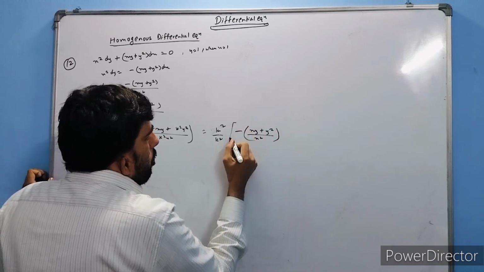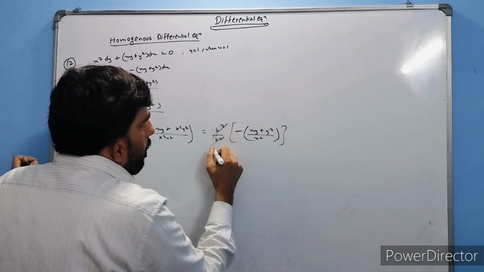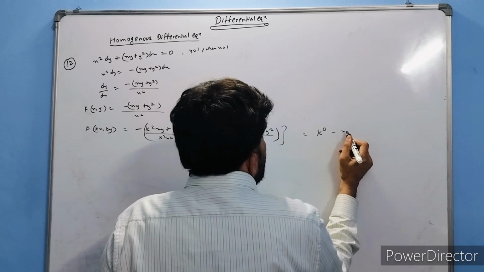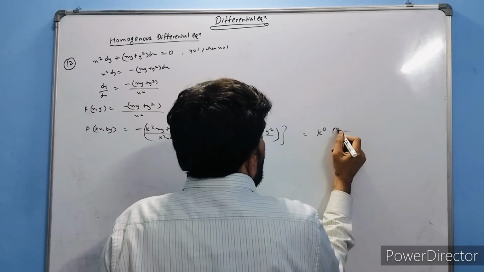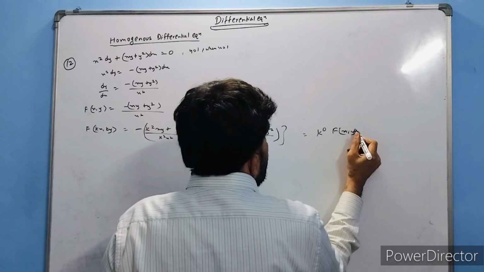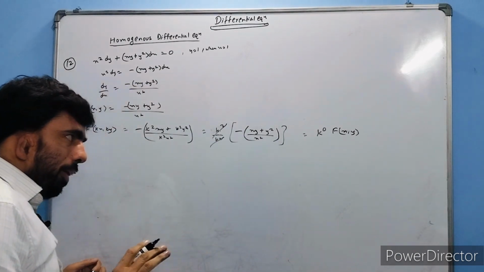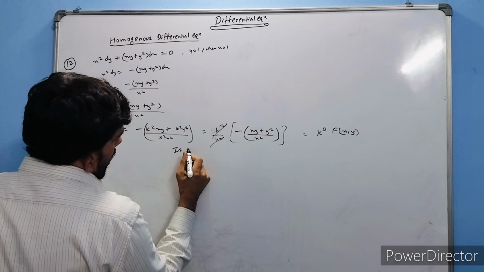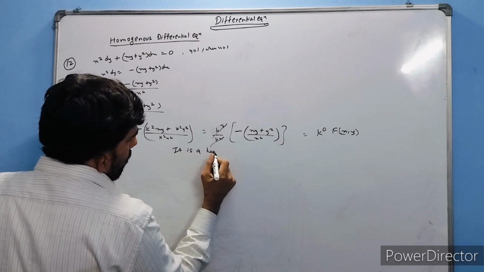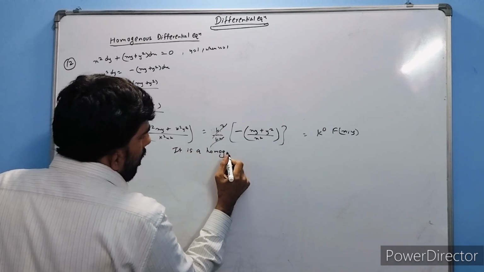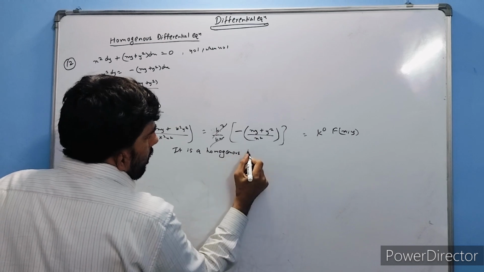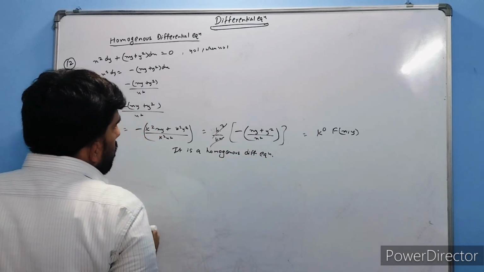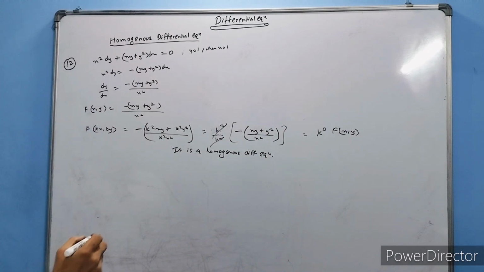I can write this as k to the power 0 times f of x, y. Having the same degree, so we can say that it is a homogeneous differential equation.